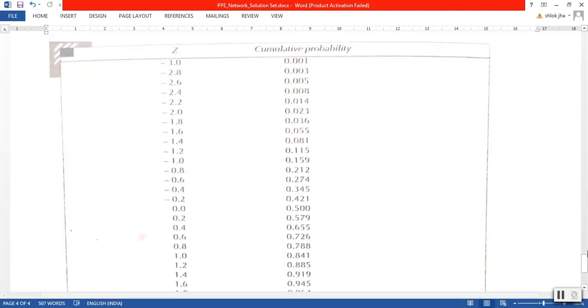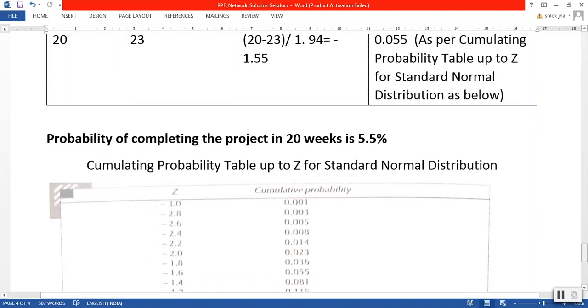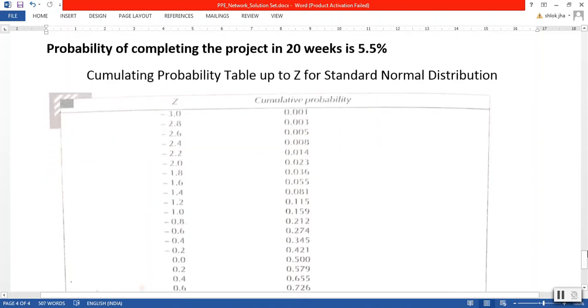So 0.055 will be the answer. 0.055 is the probability, meaning the probability of completing the project in 20 weeks is 5.5%, or 0.055. So there is very little probability, but yes, there is a probability. Thank you very much.